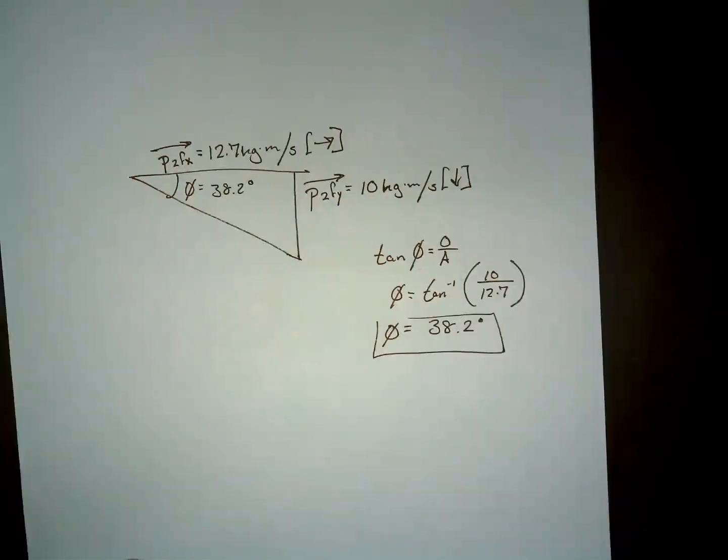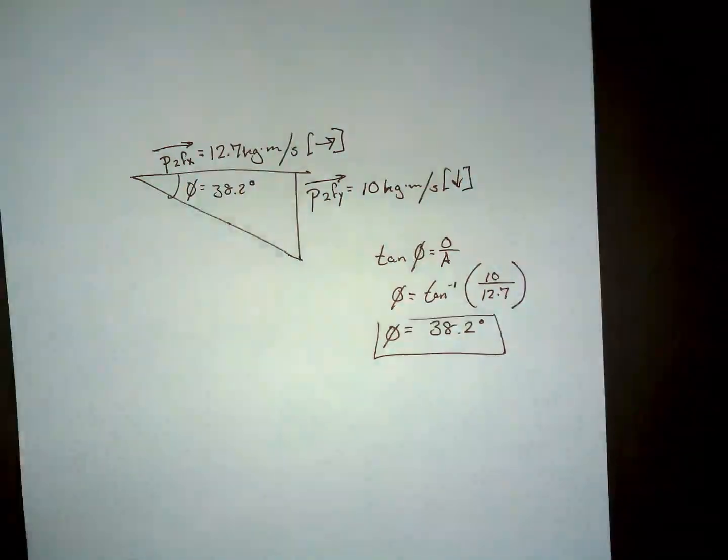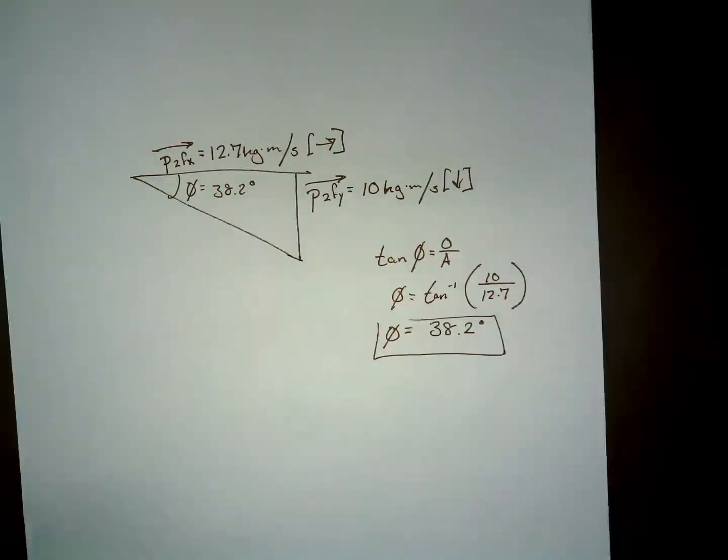So I've got phi, I've got these two. Arguably, I could just find the final momentum using these two, you could use just Pythagorean's theorem here, which I'll use to double check everything.